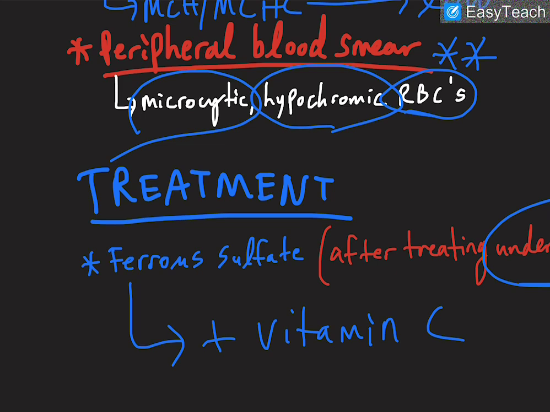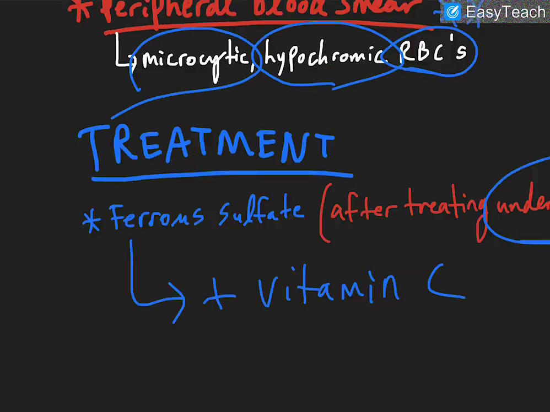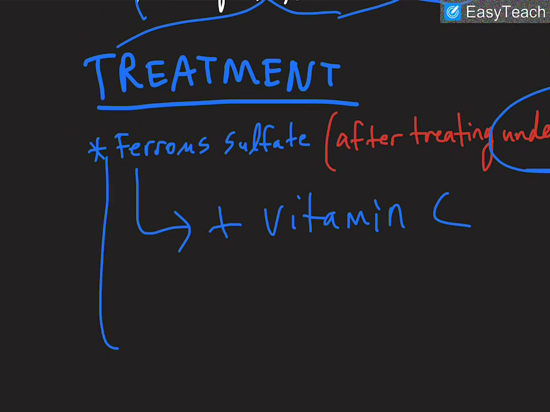Because if you have some sort of malabsorptive disease like celiac, even if you give iron, you can't properly absorb that across your duodenum because you have atrophy of your villi and a lot of inflammation and destruction of your duodenum. So in that case, you'd want to consider IV iron in that patient population. Okay. And then after that, you just monitor and wait for the hemoglobin to normalize.